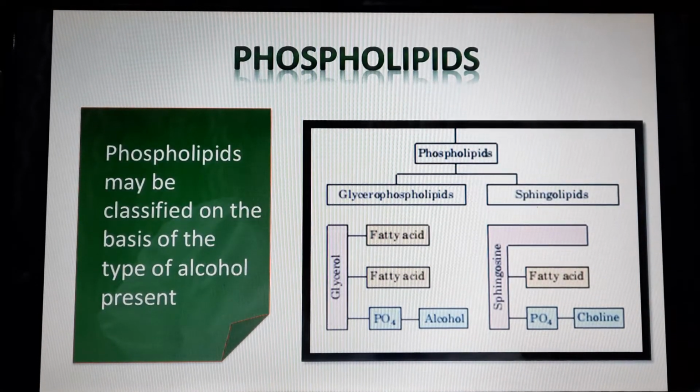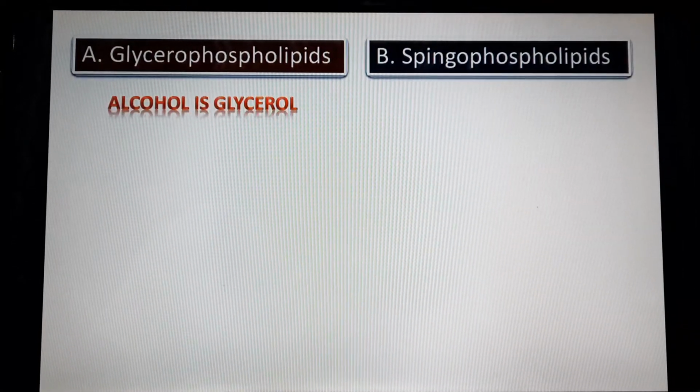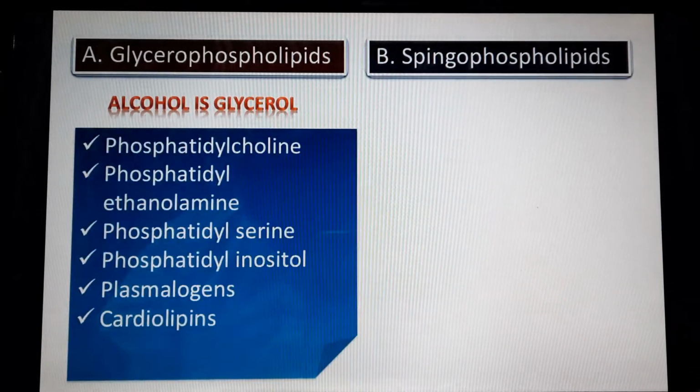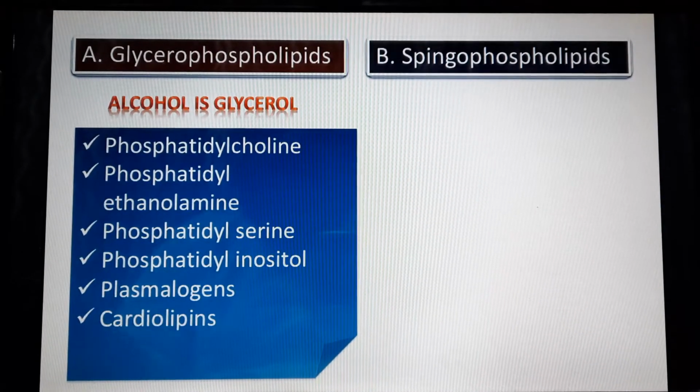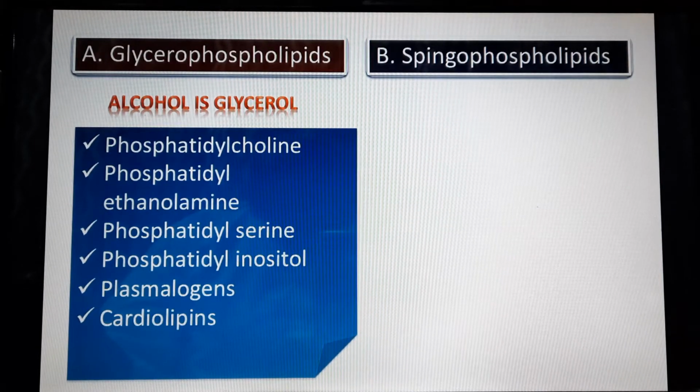So phospholipids may be classified on the basis of the type of alcohol present. In the types of glycerophospholipid, the main backbone is glycerol, and if the alcohol attached to the phosphate group is choline, it is called phosphatidylcholine. You know that fatty acids are esterified to the glycerol, so it is phosphatidyl, and choline is present on the phosphate group, so it is phosphatidylcholine.